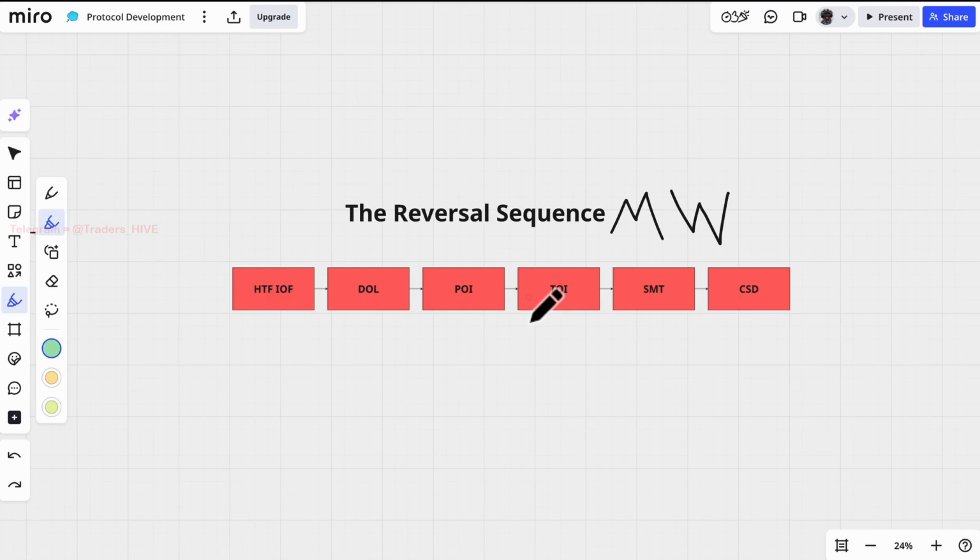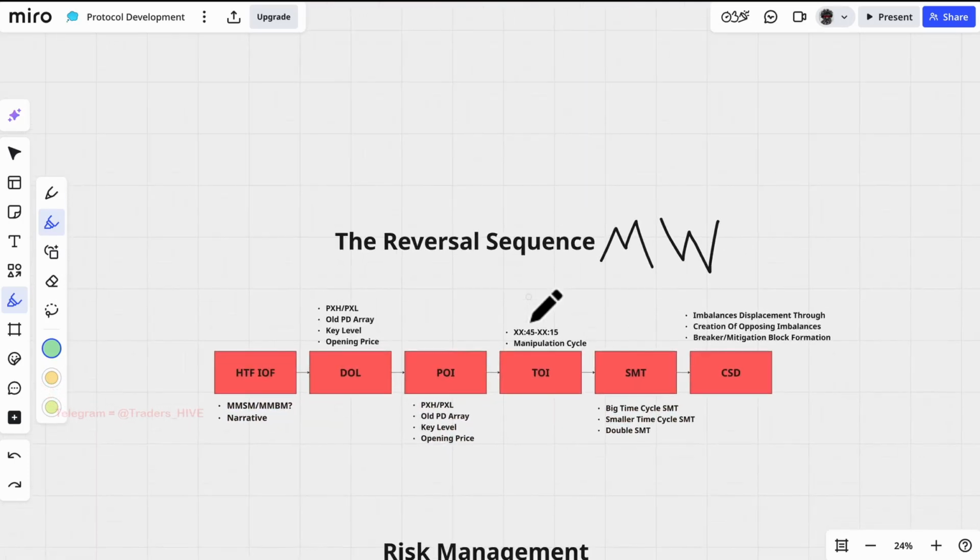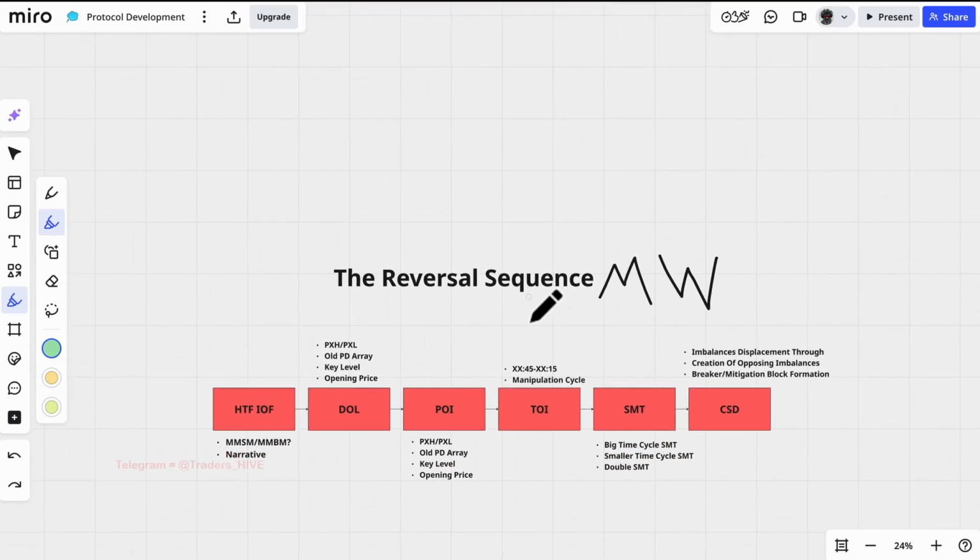Now, with that being said, I'm going to move lower towards the sub-steps as well. So here you can see the reversal sequence, but then with the sub-steps as well. And what I would like you to see is that the higher time frame institutional order flow begins with the following. First of all, we must define whether or not there's a market maker sell model or market maker buy model in play.